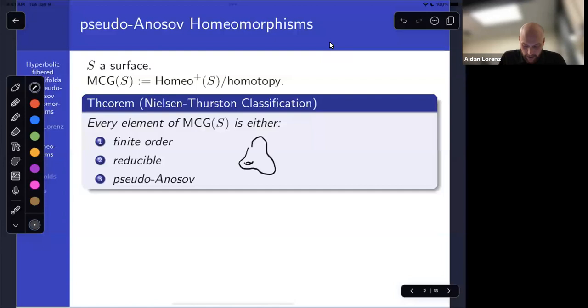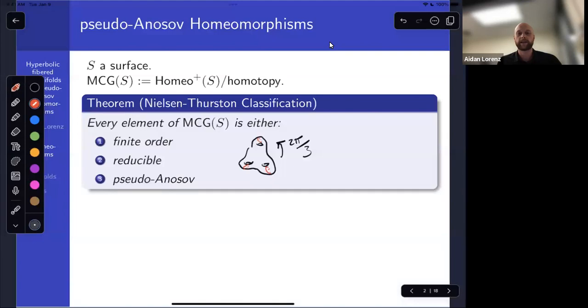You can imagine we have just a genus 3 surface like this, and imagine the homeomorphism where we rotate it counterclockwise one click. This is reducible because there's a collection of disjoint, simple closed curves that I've drawn in red here, which is preserved by this homeomorphism. So that's what it means to be reducible.